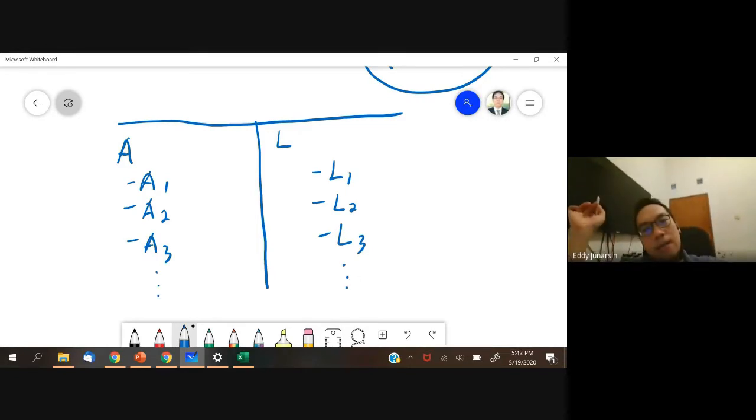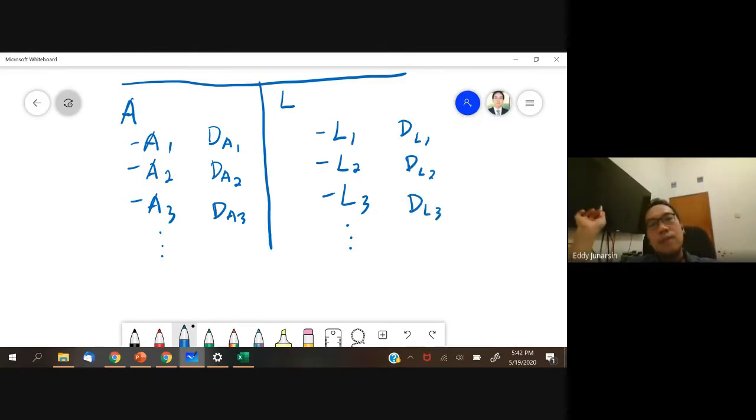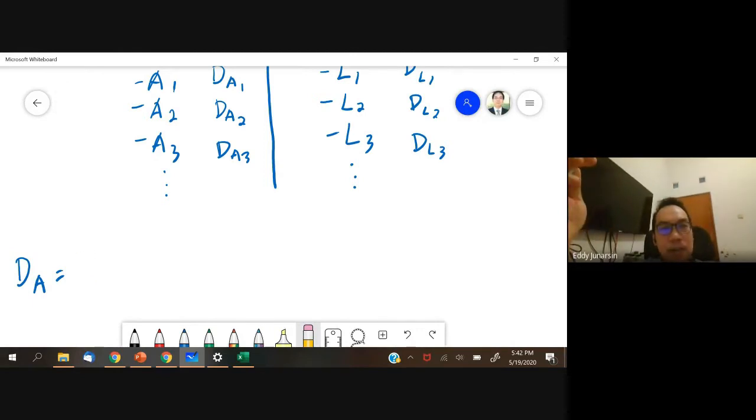You have a lot. And you could imagine that every item has its own duration. So I could call this one duration of asset 1, duration of asset 2, duration of asset 3. This is duration of liability 1, duration of liability 2, and so forth. So how could we define the duration of the assets? You could imagine, this should be what? Weighted average. So what is the duration of the whole assets on our balance sheet?